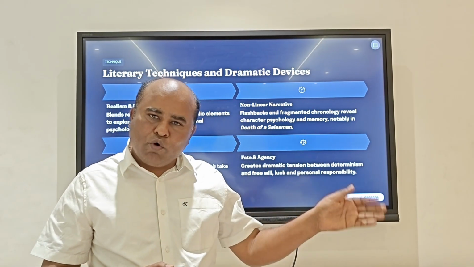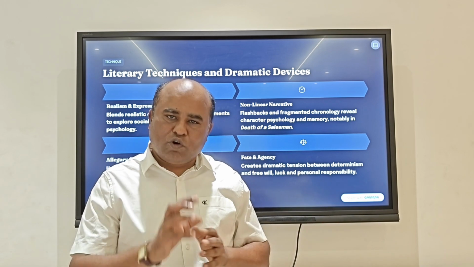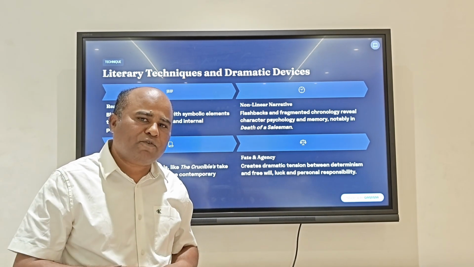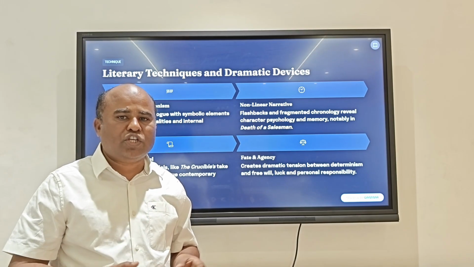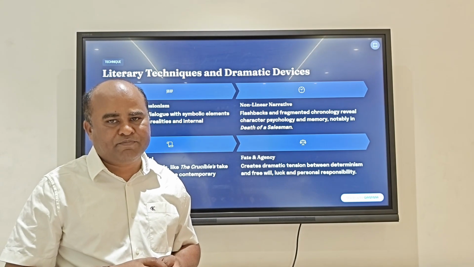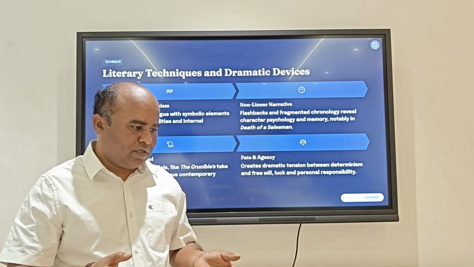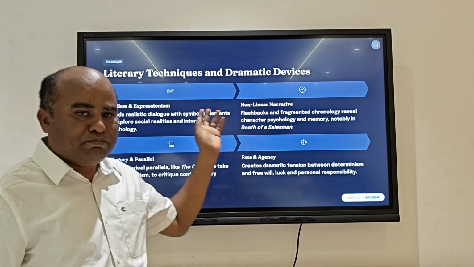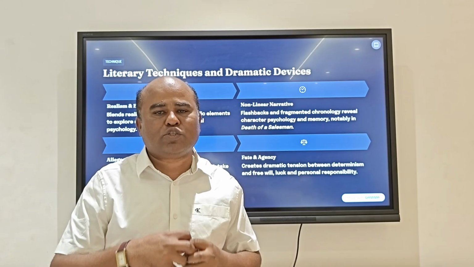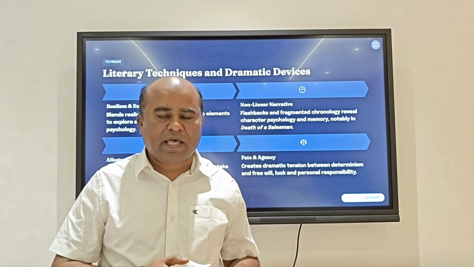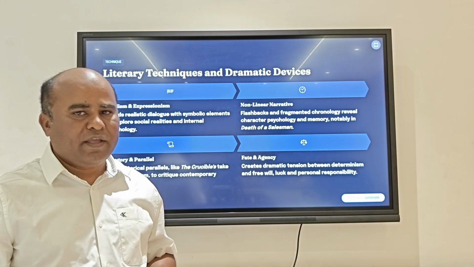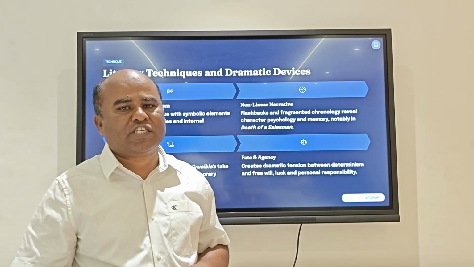Now, Chekhov is known for his psychological realism, and Ibsen became very important for modern theatre because he introduced the element of realism in theatre. And that is why when we say that Miller actually blends these two things together, realism and expressionism. So first of all, a little bit about realism and then a little bit about expressionism.